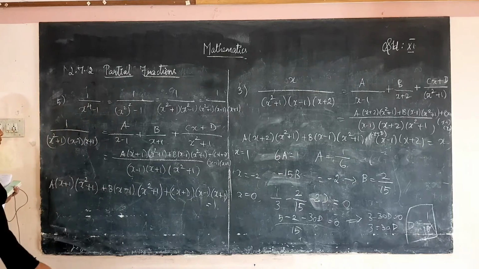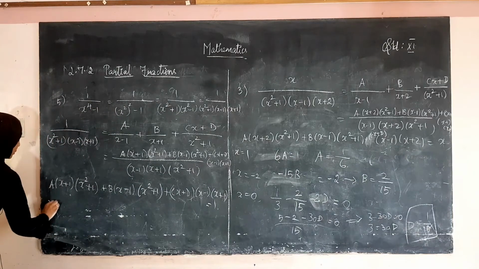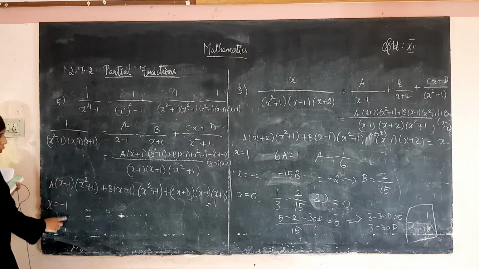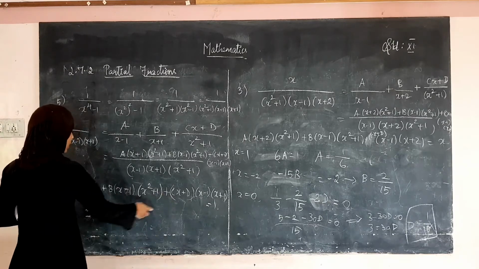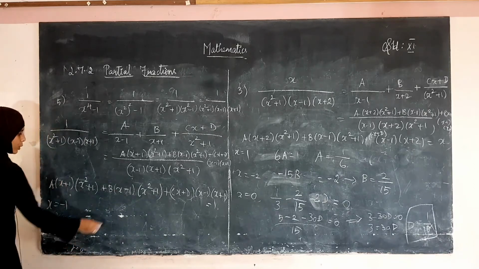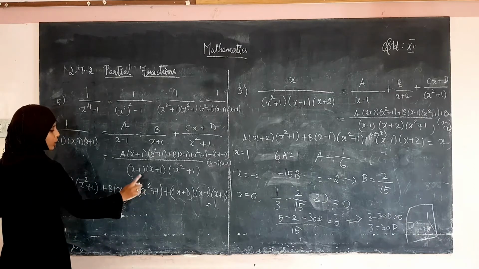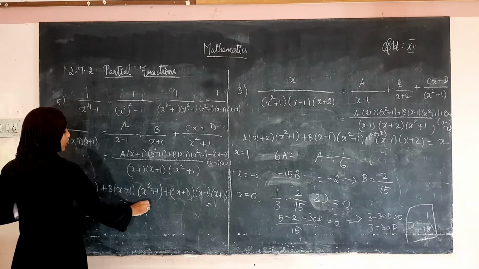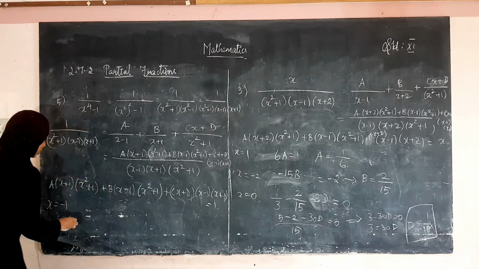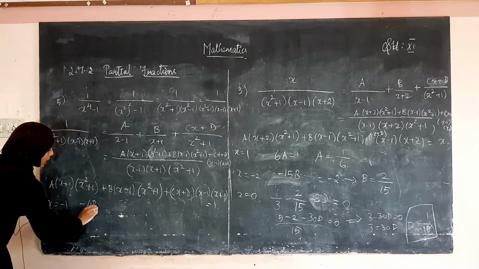So what you have to do? You have to substitute the values. Let us substitute x is equal to minus 1. This term becomes 0 and this term becomes 0, and what is the value here? Minus 1 minus 1 is minus 2. Minus 1 the whole square is 1, 1 into (1 plus 1) is 2. Minus 2 into 2 is minus 4. Therefore, minus 4 into b is equal to 1.